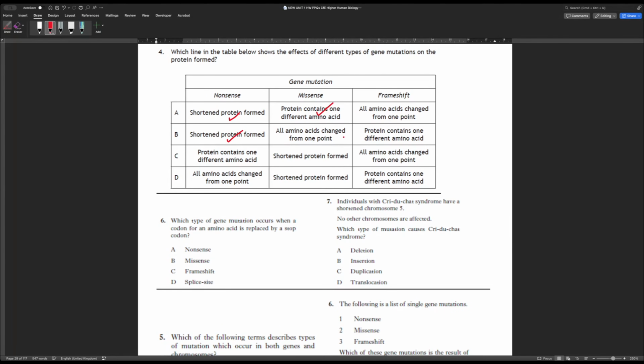All the amino acids changing from this point is not right. And we know that these are both nonsense as well, so they're both wrong too. So we can eliminate C and D there as well. And then frame shift. Well, we know with the frame shift that it affects every amino acid after the mutation. So that's going to be A there, because all three of those are correct.